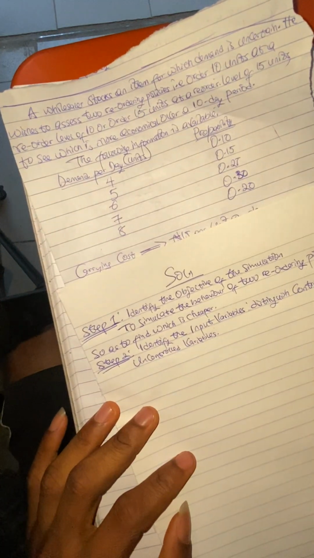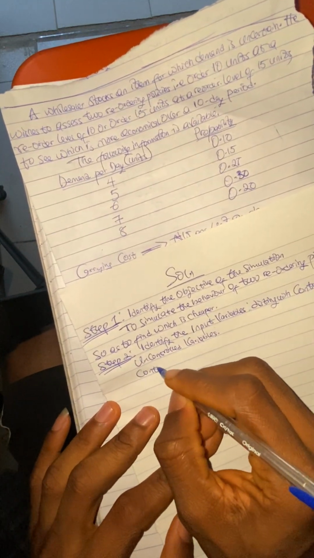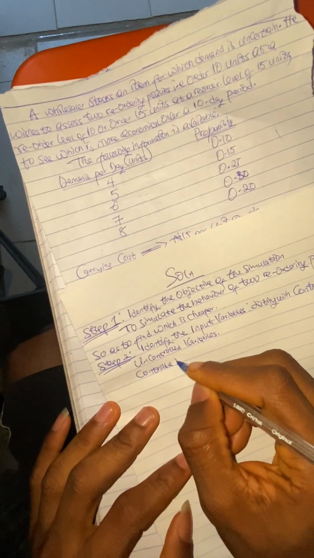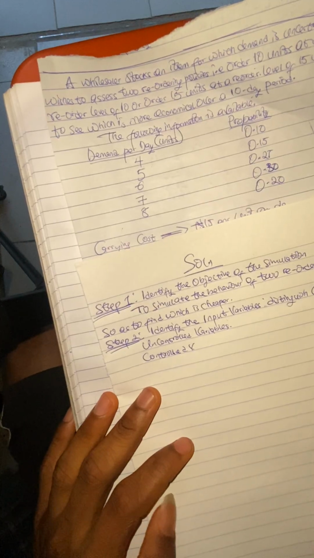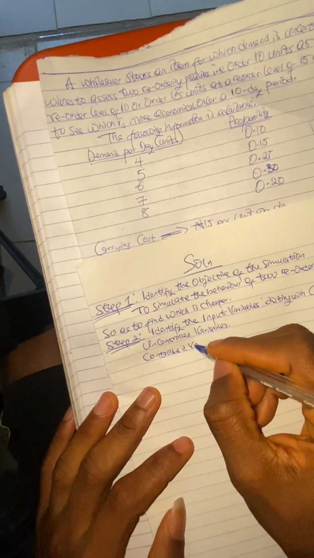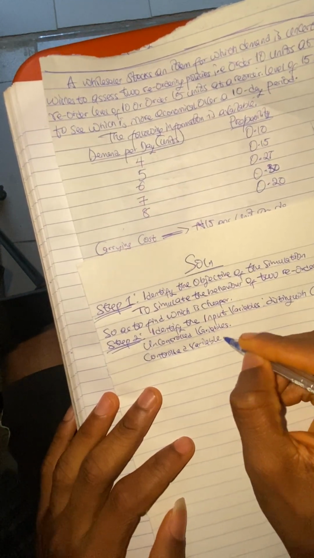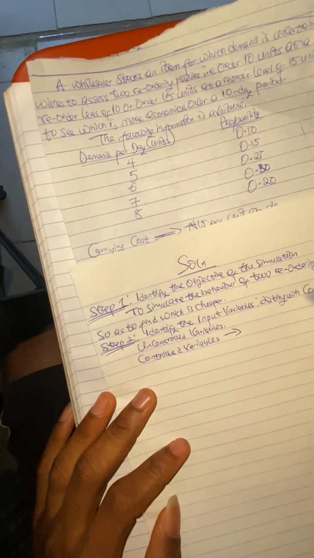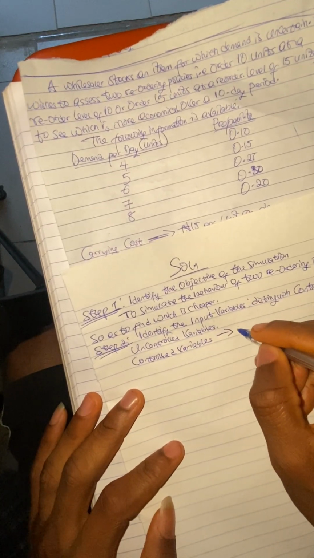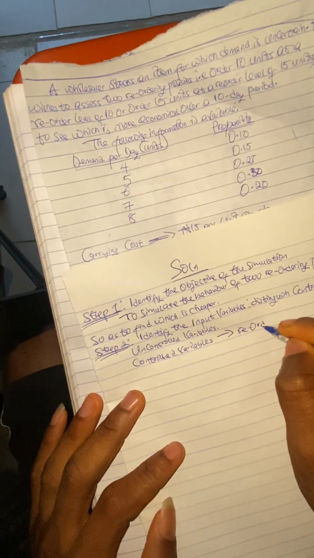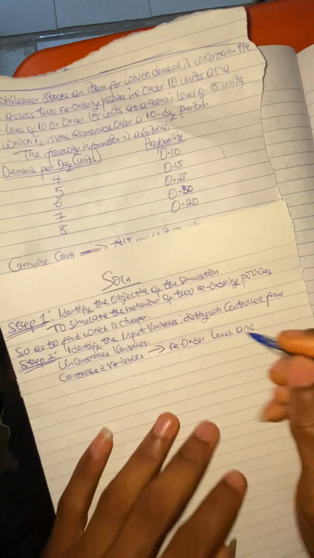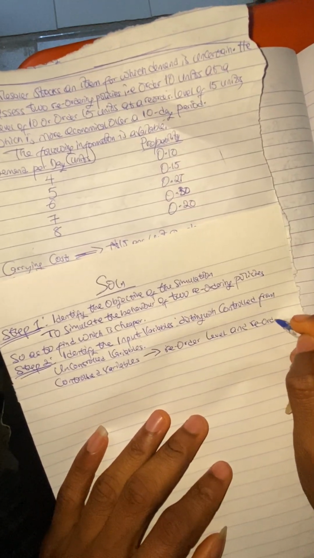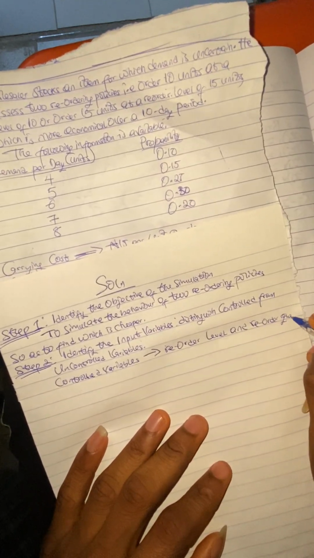Controlled variables are those variables that are controlled or can be controlled by management. Examples of control variables in this case are our reorder level and reorder quantity.